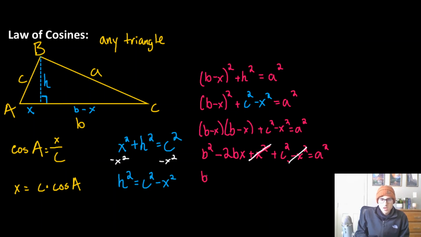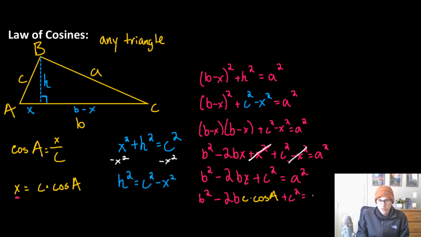And I'm left with b squared minus 2bx plus c squared equals a squared. Well, I have x here, and I know x is c cosine A, so let's replace that. B squared minus 2b times c cosine A, plus c squared equals a squared.